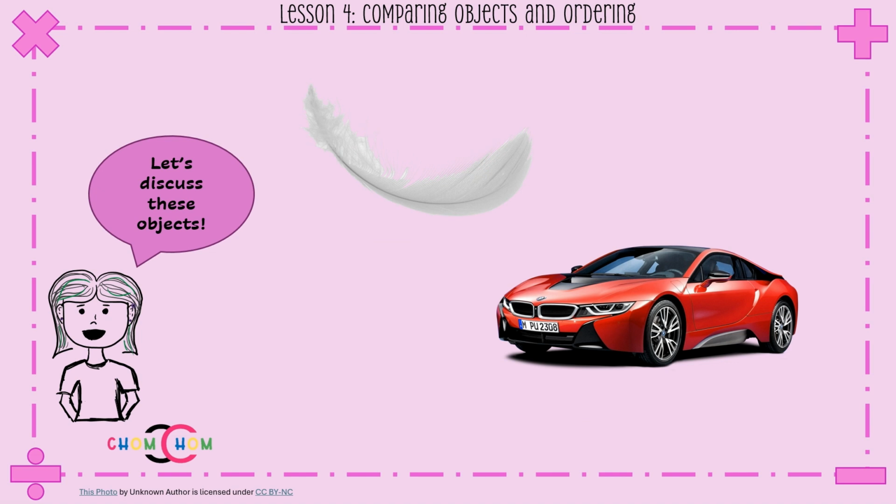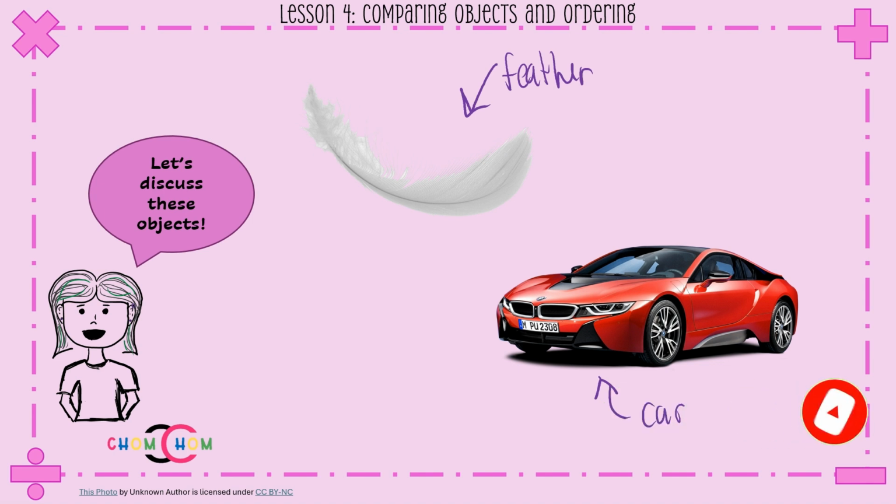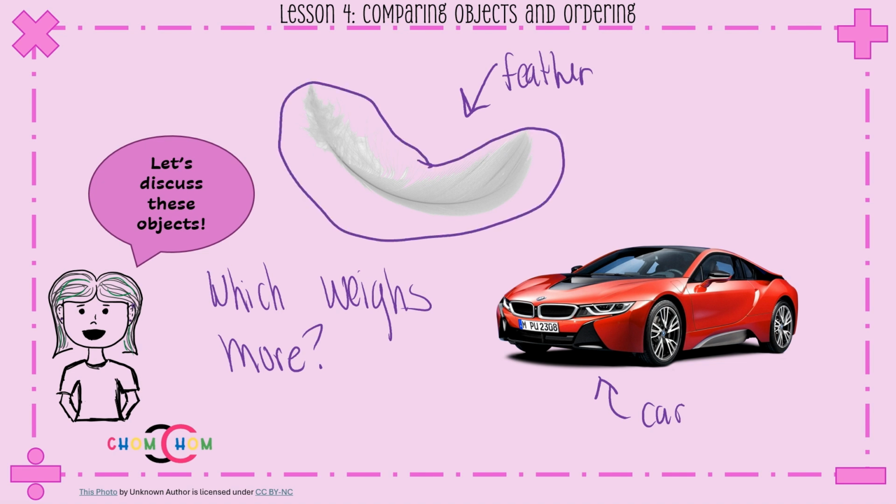Let's discuss these objects. So here we have a feather. And here we have a car. So I want to ask the question, which weighs more? Have you ever picked up a feather before? If so, can you pick it up?